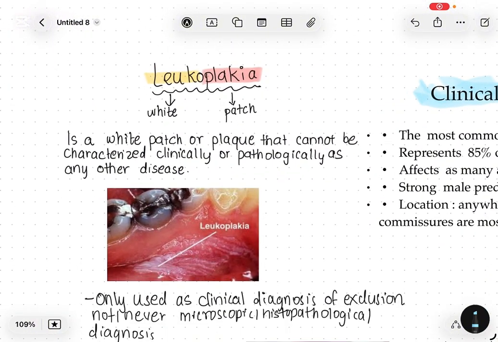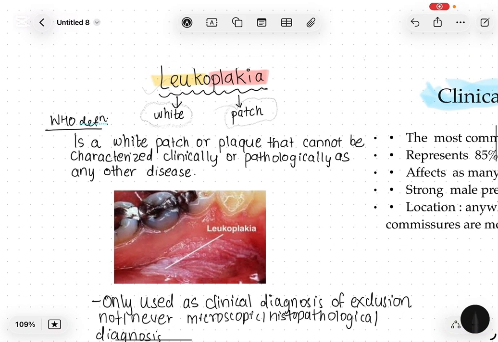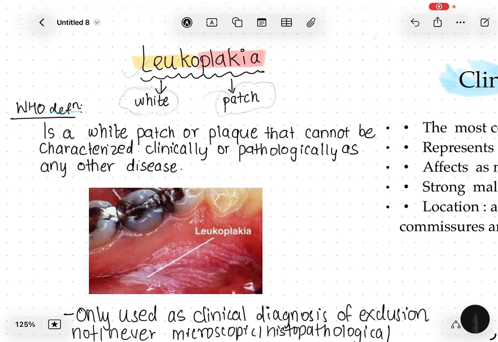Leuko means white and plakia means patch, so leukoplakia is a white patch.